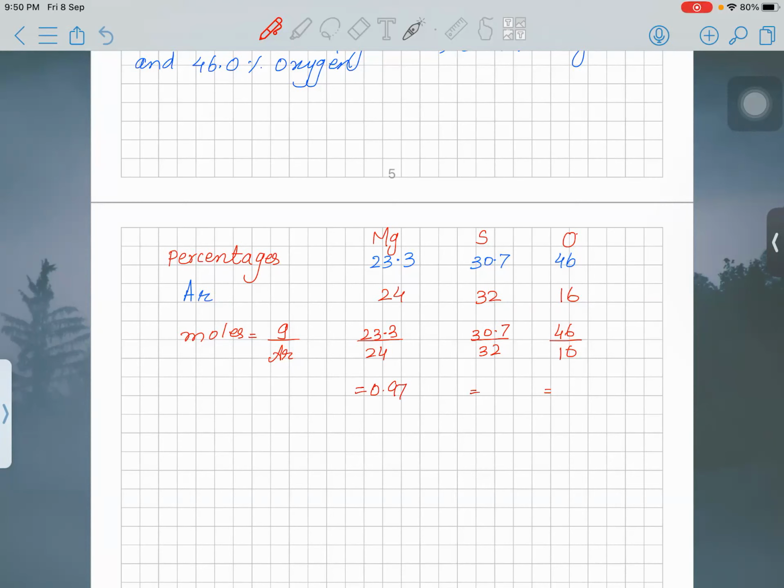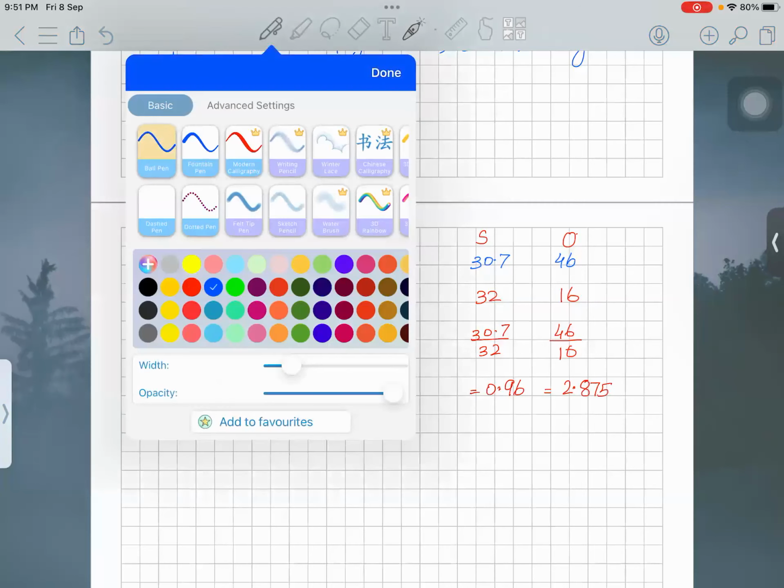For the sulfur it's 0.96. And for oxygen it's 2.875. Now next is ratio.